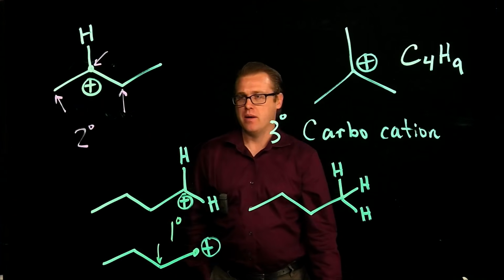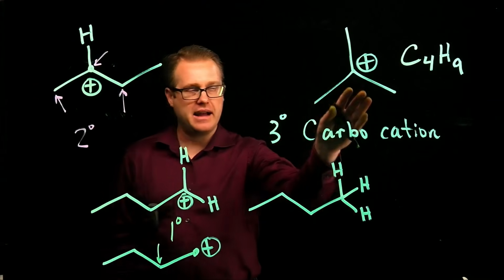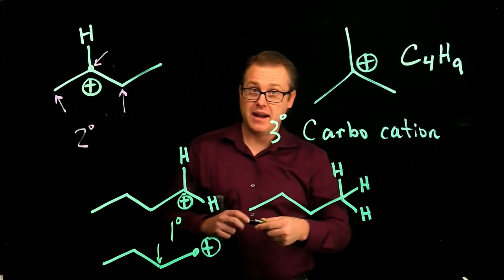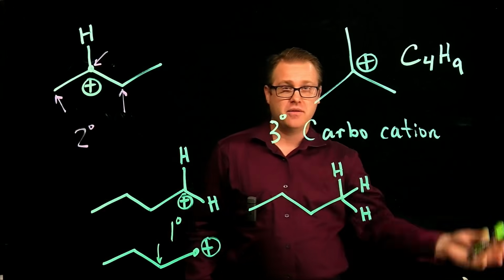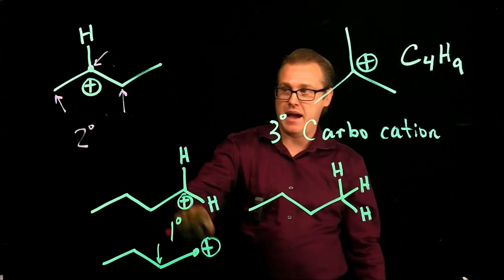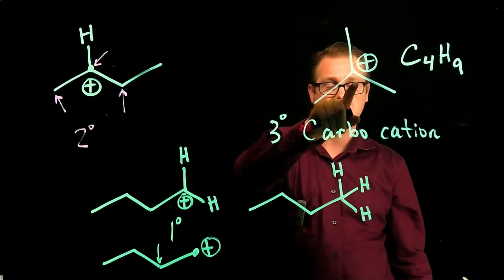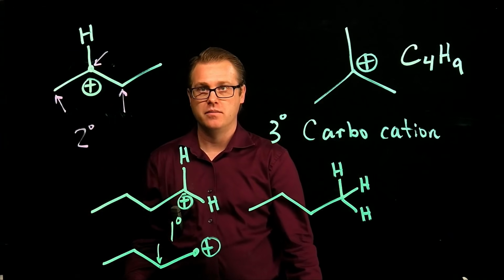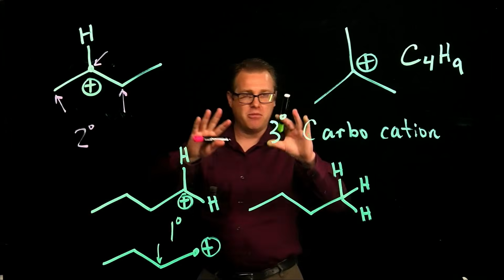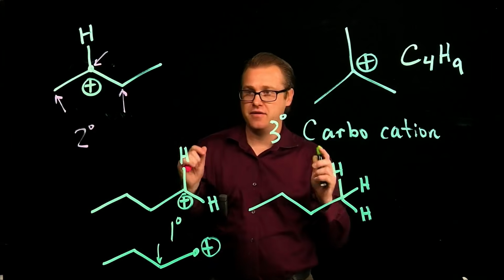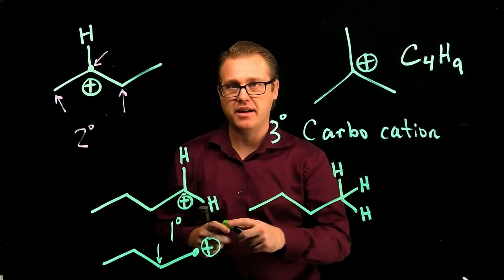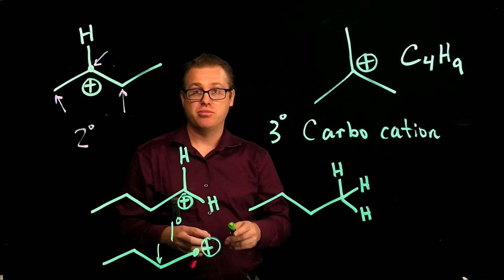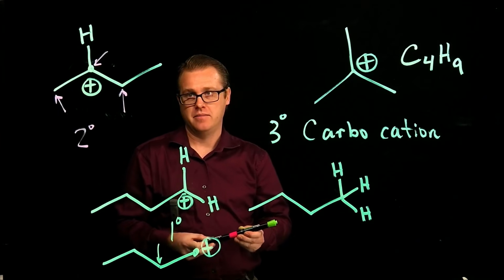And it's very important that you're able to see the different degrees of carbocations, because in the future, depending on the carbocation, it will determine what type of reaction it can undergo. So understanding and being able to identify the degrees of these carbocations will help you understand reactivity and be able to predict reactivity.